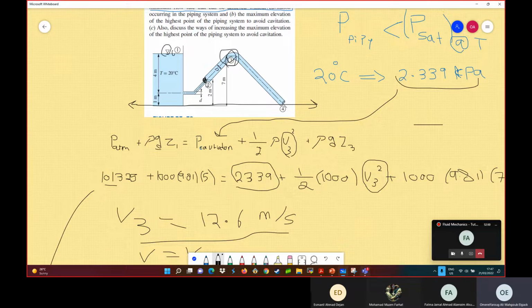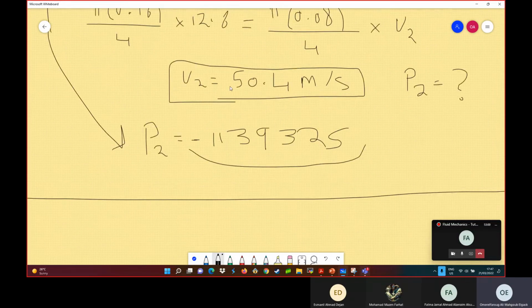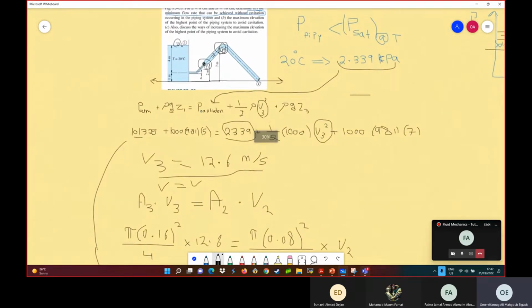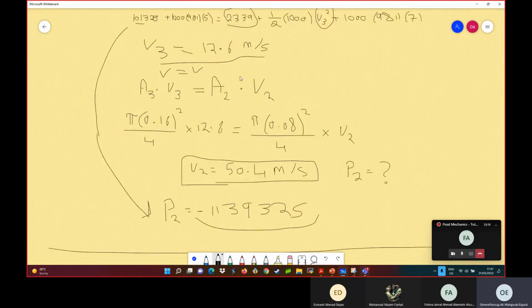In case the pressure here drops below that, cavitation will occur at 0.2. I did this intentionally. I assumed first that cavitation will occur at 0.3, though I know it will occur here, just to show you how the procedure goes.